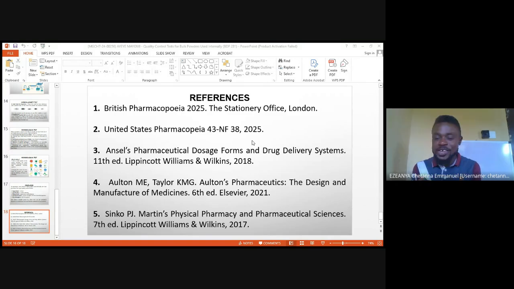If the company claims that the paracetamol in that tablet is 500 milligrams, and you want to carry out the test, you find 95% of 500 milligrams. What is it? Find it and keep it, because 95% is the lower limit.